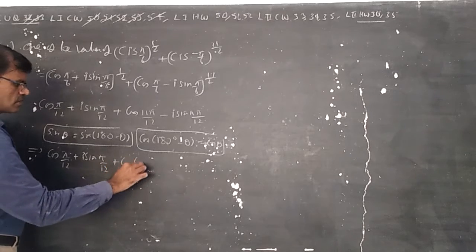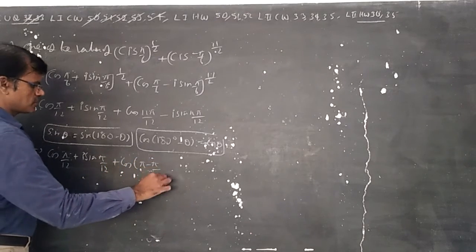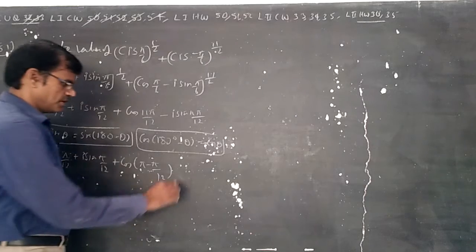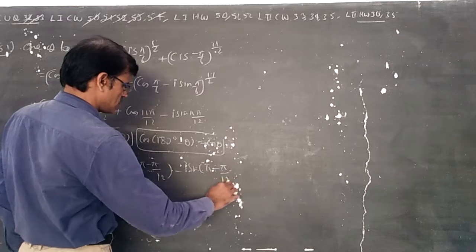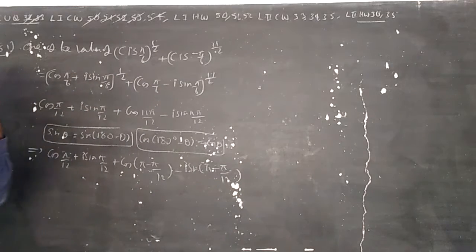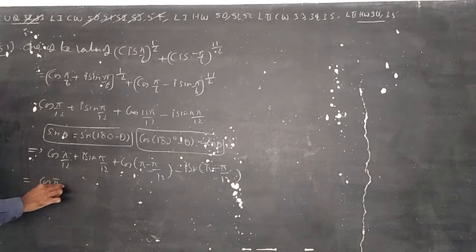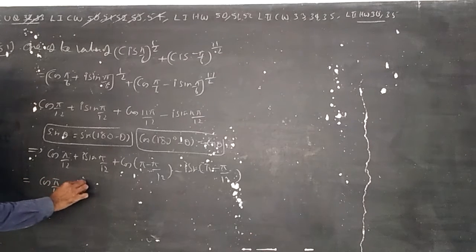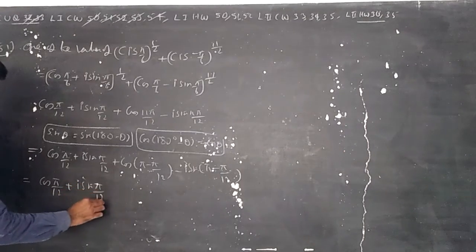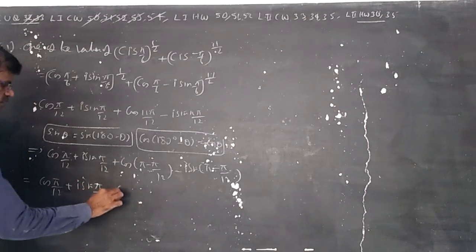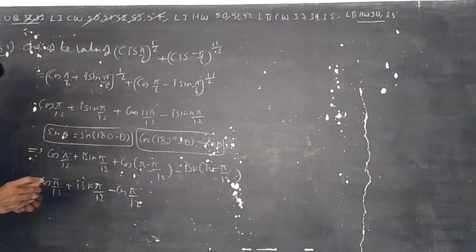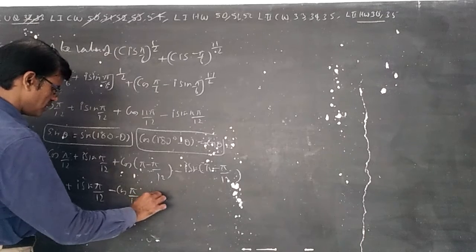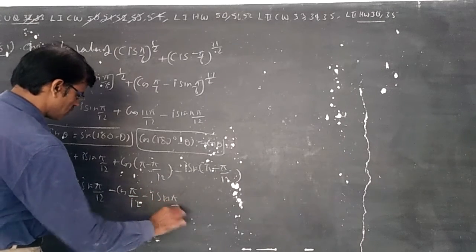Write like this: cos of pi minus pi by 12 minus i sin of pi minus pi by 12, because of the sin 180 minus theta concept. That is equal to cos pi by 12 plus i sin pi by 12 plus cos 180 minus theta becomes minus cos theta. It is minus cos pi by 12, plus this is simply minus i sin pi by 12.